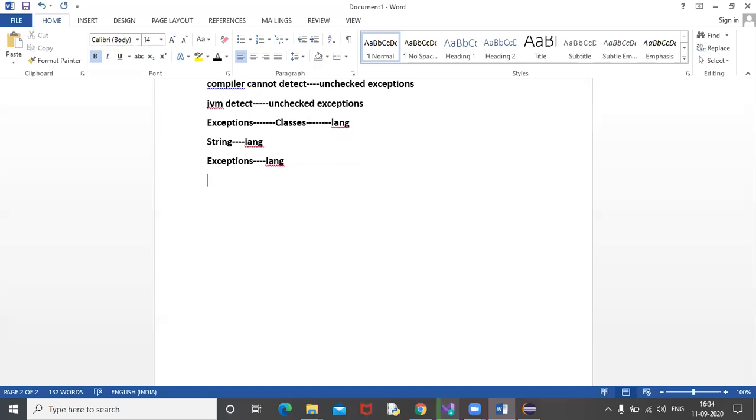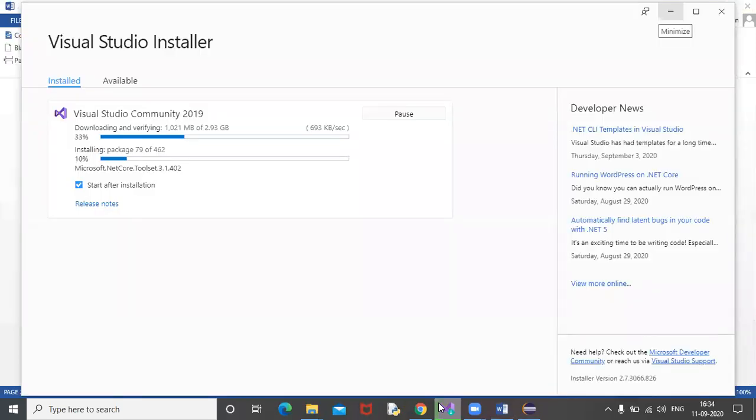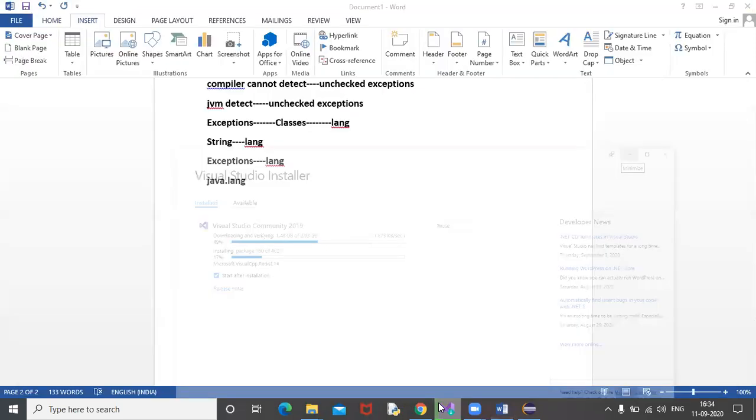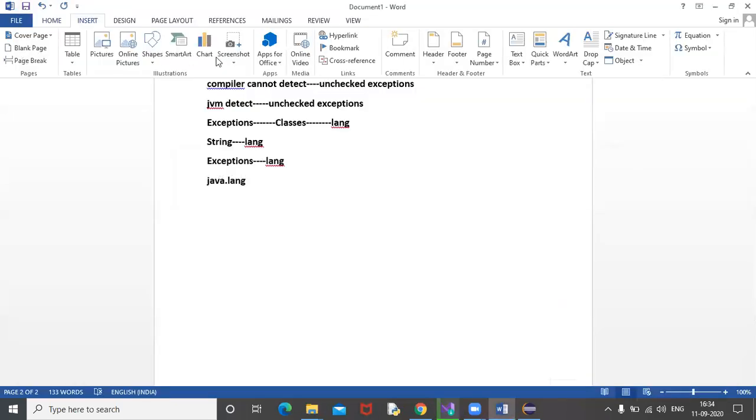Now let me draw one architecture here, java.lang. So java.lang is the package name. I can design it like this. Wait. Where is that?